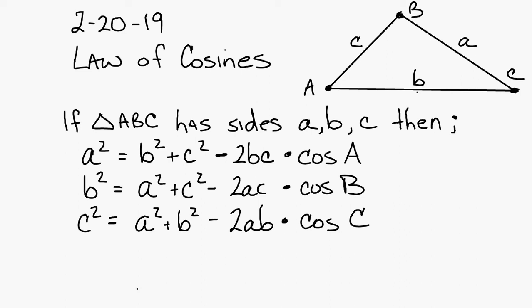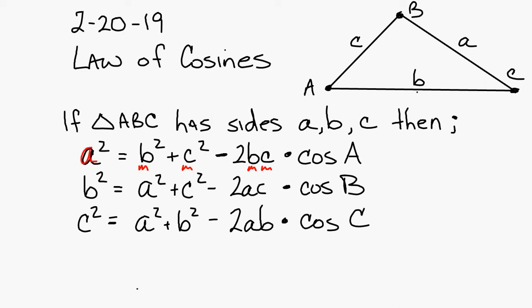If you're a pattern person and you can recognize patterns, or it's easy for you to remember patterns: a squared is equal to, look what it's equal to. It's equal to the other two sides squared minus 2 times the other two sides times cosine of what you're trying to find. Okay? Cosine of A, because this is a squared.